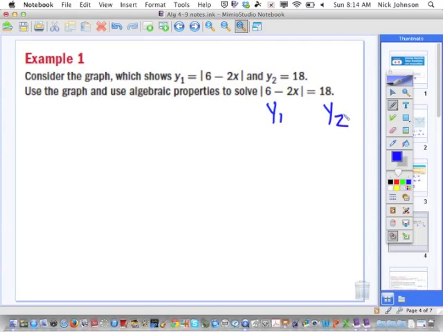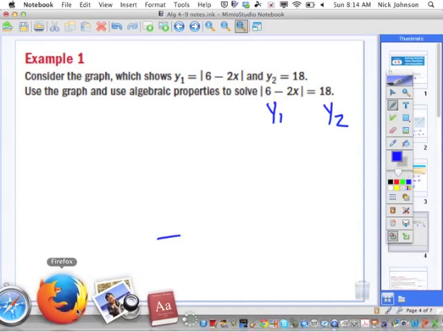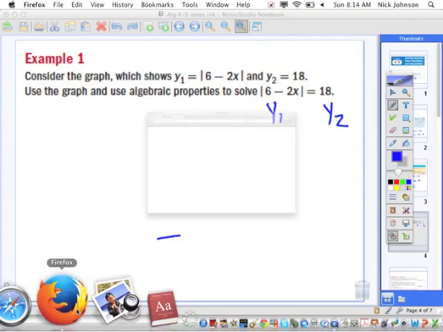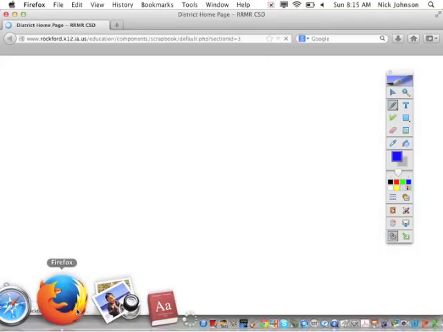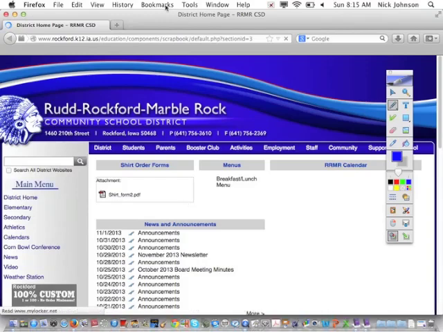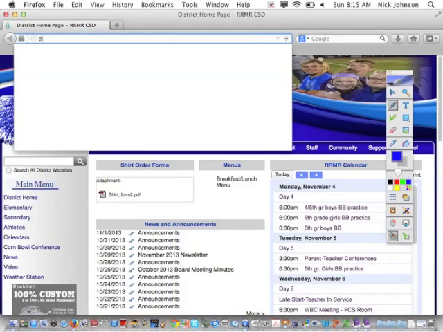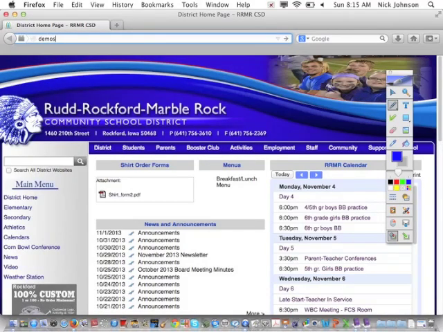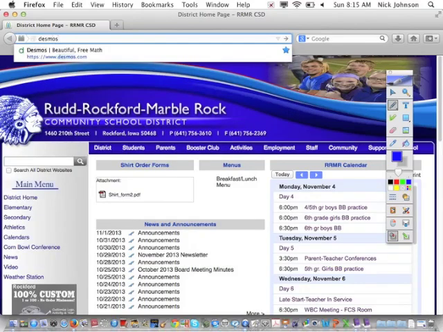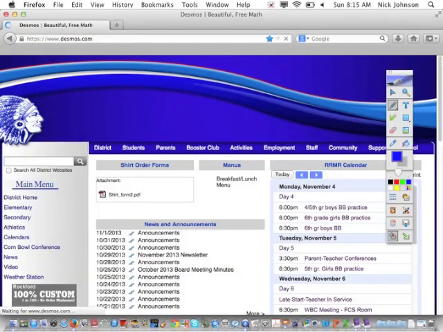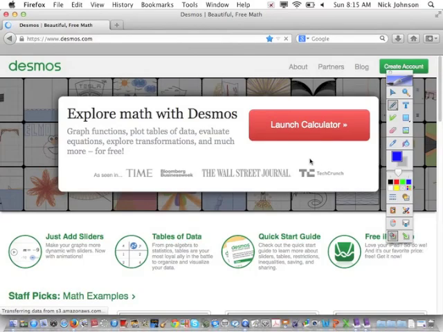And I'm just going to use my Desmos because hopefully my internet comes up faster than my calculator. So I'm just going to use my Desmos and bring that up for you. I'm going to launch my calculator.